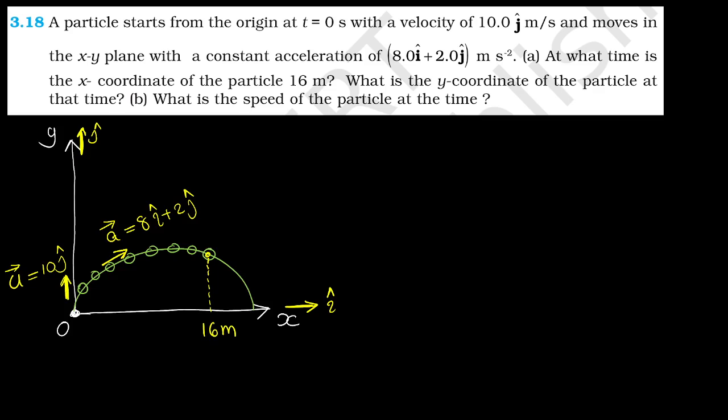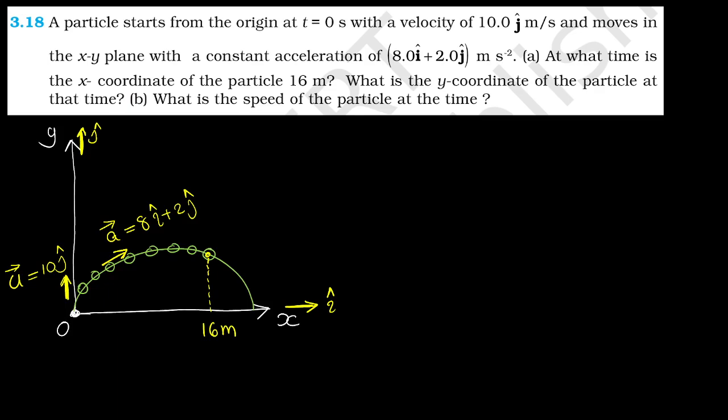Okay. So anyway, please look at this diagram. If you have any doubt till this step, not finished, please ask me. You understood? Initial velocity denoted by u. Acceleration is a vector quantity 8I plus 2j.